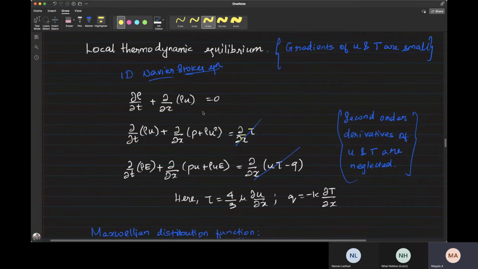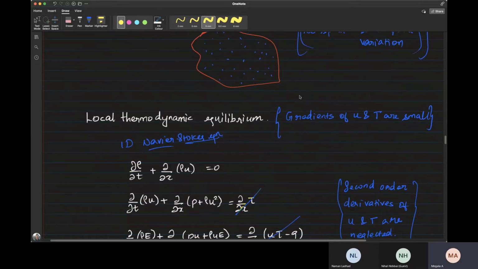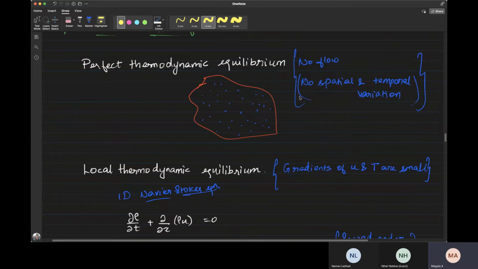So your Navier-Stokes equation becomes the Euler equations upon this assumption of local thermodynamic equilibrium. So local thermodynamic equilibrium allows for flow to happen, but only Eulerian flow without any viscous or heat diffusion. It allows only Euler's equations, whereas perfect thermodynamic equilibrium does not allow any flow at all.